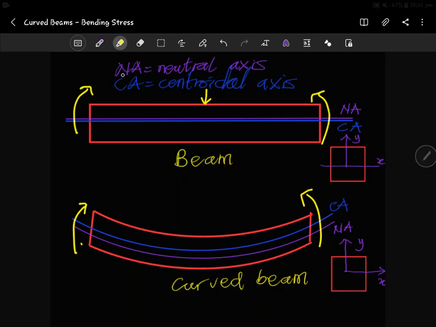So then we have what we call the neutral axis, and then we have the centroidal axis. The difference between them is that when we say neutral, we are talking about a particular position within a beam. Let's see the NA, the one in violet here.